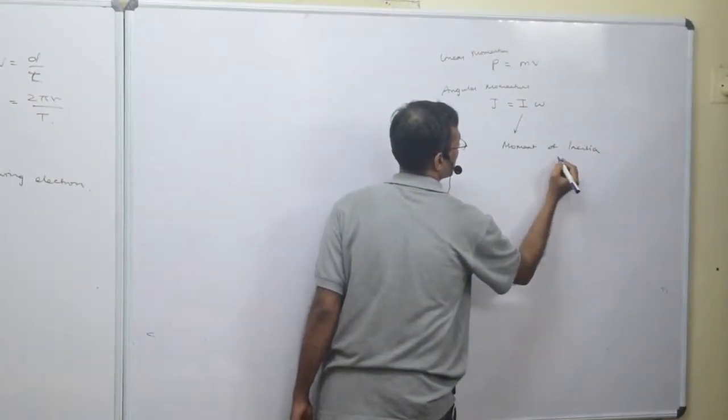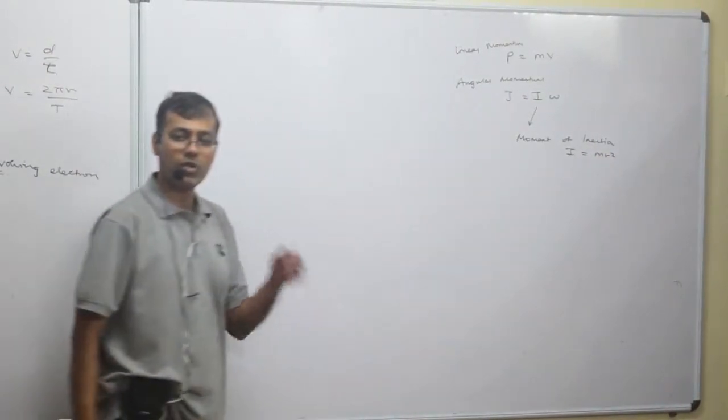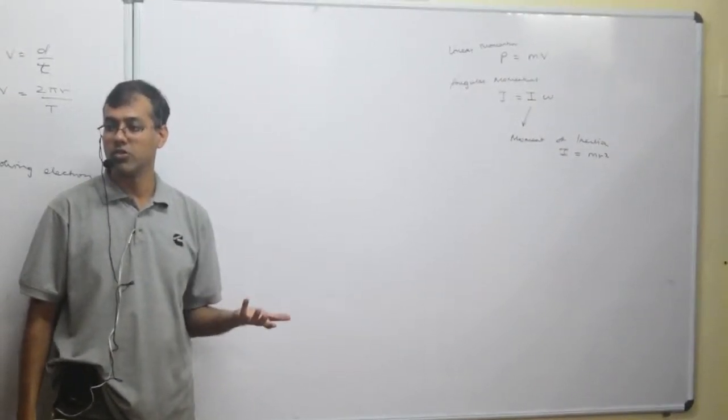So moment of inertia I is given as mr square. Okay. So as the r increases, inertia also increases.